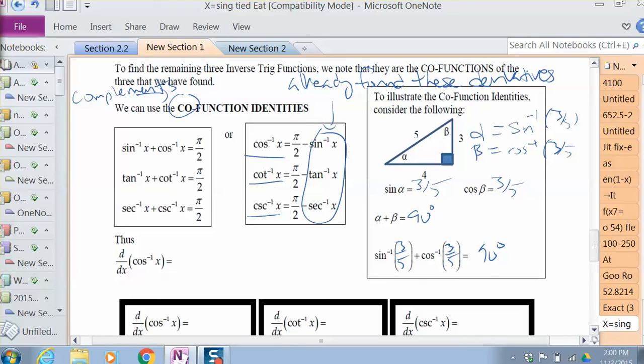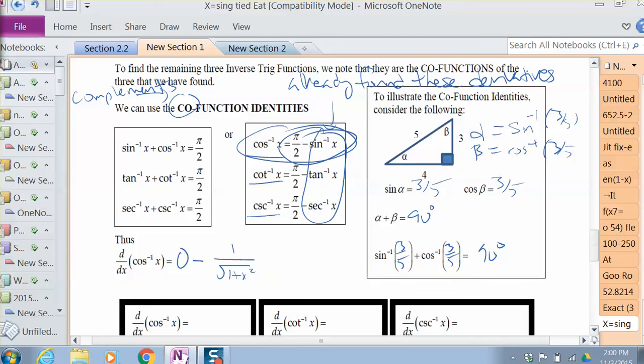Now, if I took the derivative of both with respect to x, I'm going to have 0 minus the derivative of inverse sine, which I know is 1 over root 1 minus x squared.